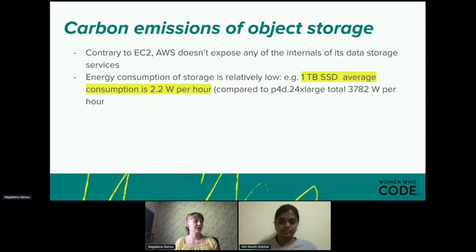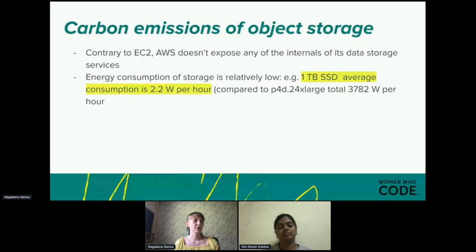One of the questions that still remains is the carbon emissions of object storage. On our platform, data is mostly used in the form of S3 storages, but AWS doesn't expose any of the internals of its data storage services. However, we can conclude that energy consumption of storage is relatively low.